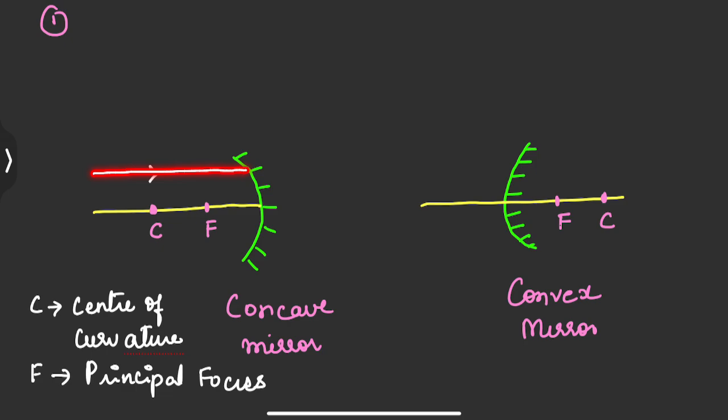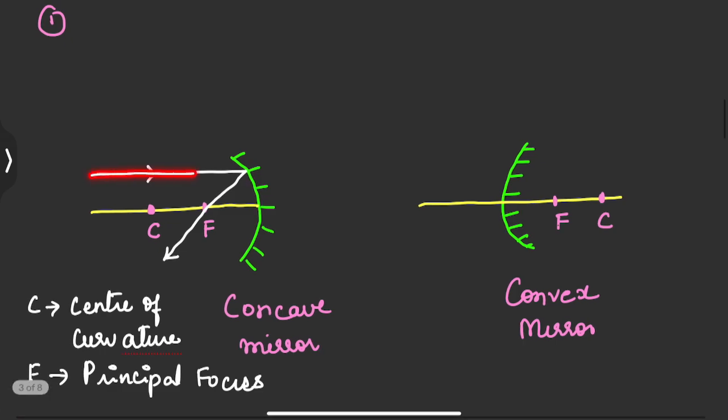The incident ray which is parallel to the principal axis, after reflection, will pass through the focus. So the reflected ray will be passing through the focus.